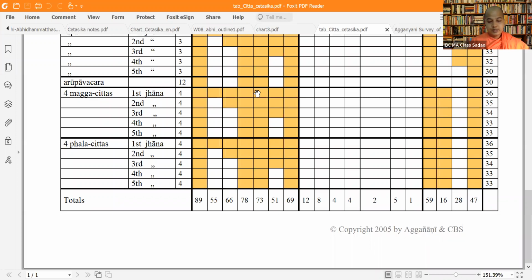Then Piti and Chanda. So 7, 8, 9, 10, 11, 12, 13. So 13 Chaitasikas, the Annasamana, universals and Pakinnaka together, are present.